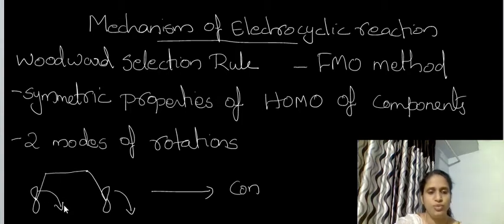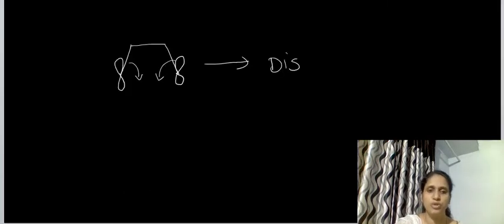When two p orbitals rotate towards the same side, either clockwise or anti-clockwise, it is called a conrotation. If both orbitals rotate in opposite directions, it is called a disrotation.